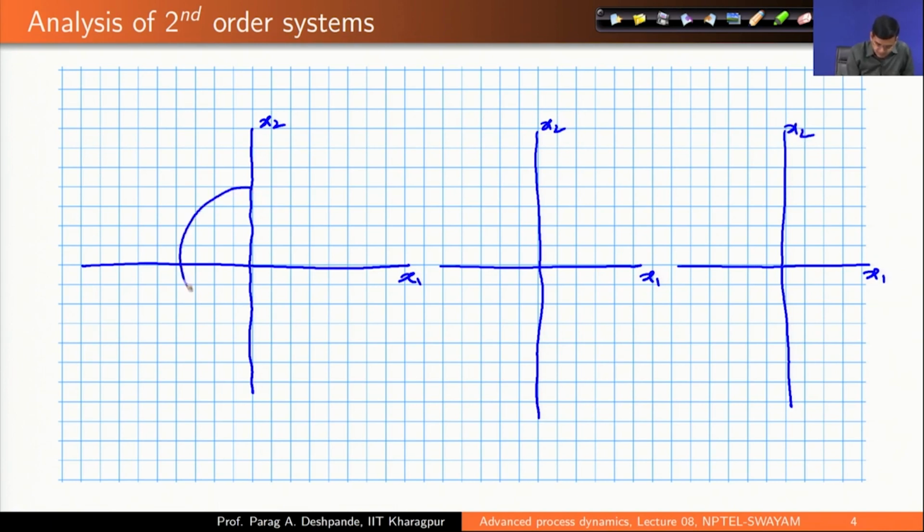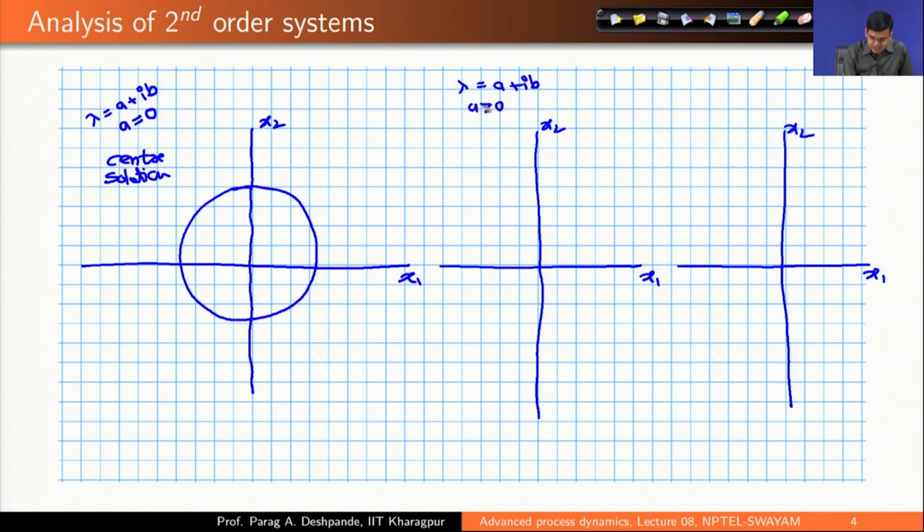The first portrait was this when lambda was a plus i b with a equal to 0, right. This is the center solution. Now, I have lambda equal to a plus i b with a greater than 0. This is important, a greater than 0.